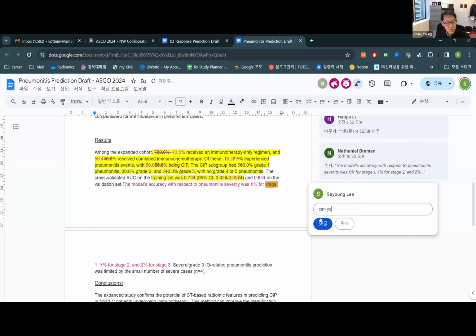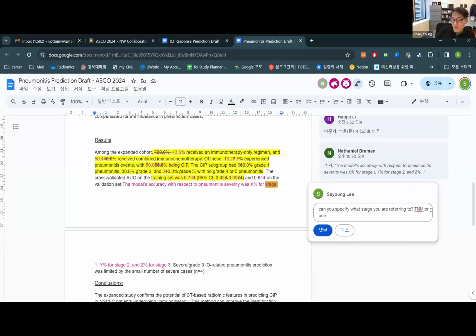If it's the TNM staging, then I don't know, because these are advanced stage patients only, right? I don't know where stage 1 and 2 came from. They're probably all stage 3 or 4, right.